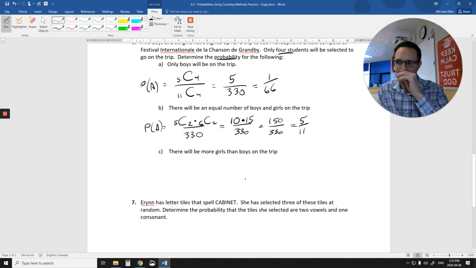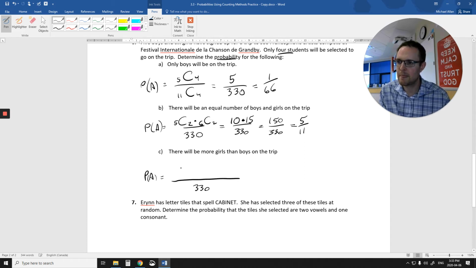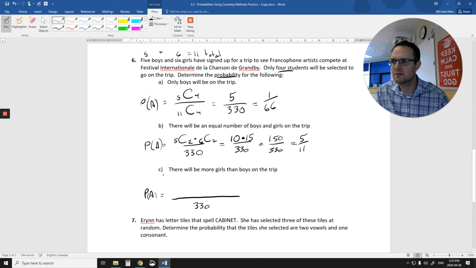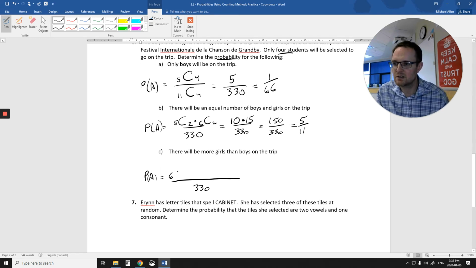Now we have to think of how many times there'll be more girls than boys. So we're going to be a bit more laborious here. I know there's a total of 330. There's more boys than girls, so obviously it's not this one. And half and half is obviously not the one above it, nor is all boys. So to figure this one out, I'm going to think about all the different situations I have. There's 6 girls. Of the 6 girls, I want more girls, so 3 of them to be girls and the other one to be a boy.